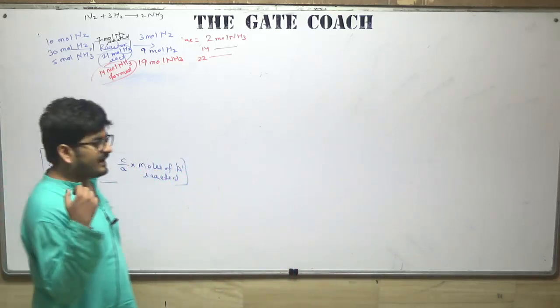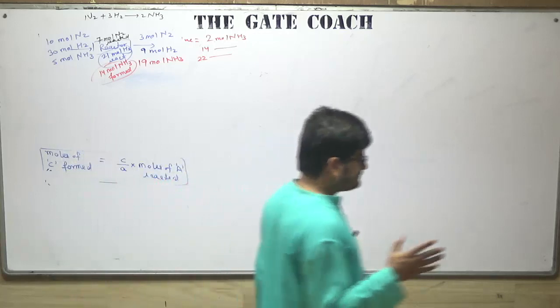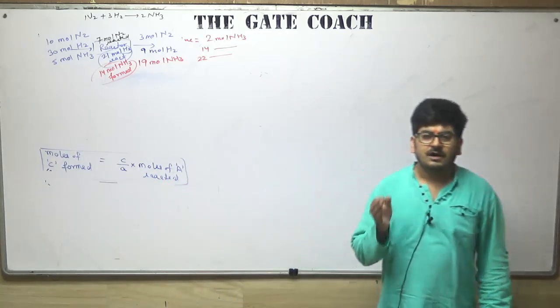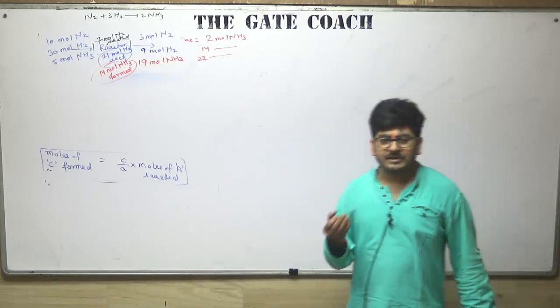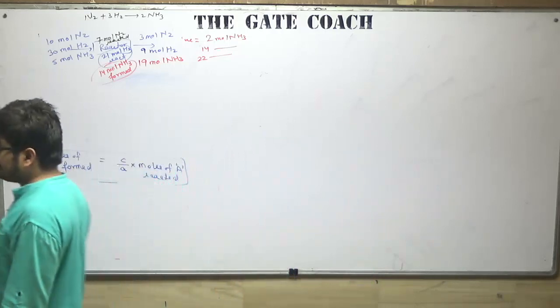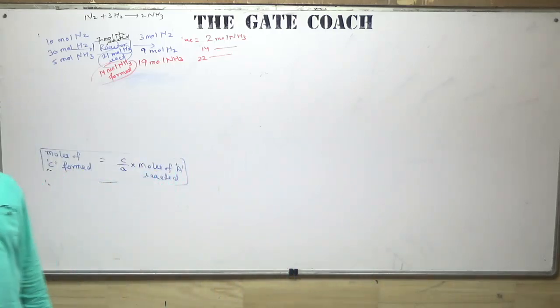You can crack any competitive exam. You just need to understand and be able to explain the meaning of each and every term which we are using in the class.